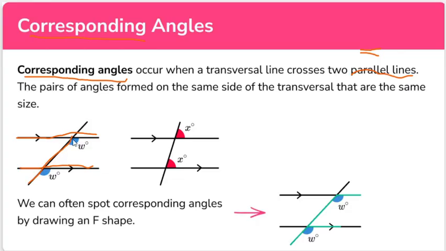This F shape tells us that this is the same as that. So the angle W is the same as this angle, the same as here. If we make an F shape and the lines are parallel to each other, that shows us that this X here will be the same as that X. So when you're dealing with corresponding angles, you deal with an F shape.